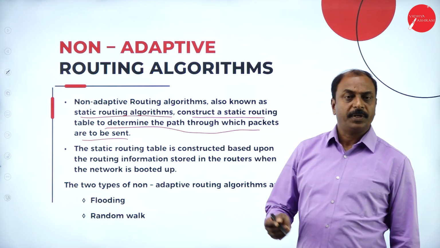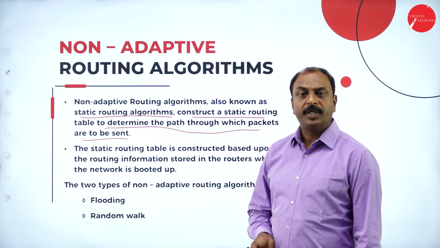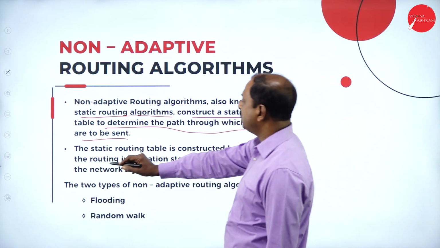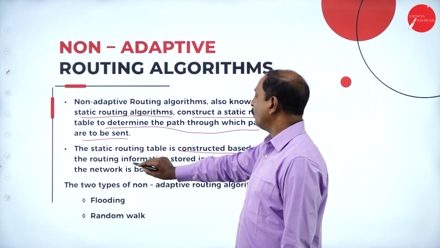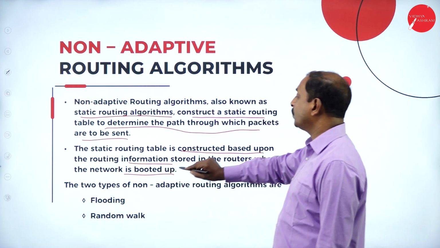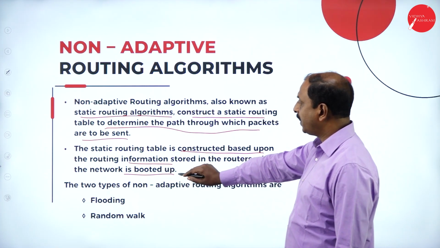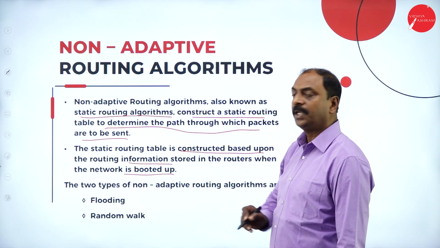It works with only one routing table configured at the beginning before data transmission. The static routing table is constructed based upon routing information stored in the routers when the network is booted up. So when the network starts booting up, by that time it has a routing table, that is a static routing table.